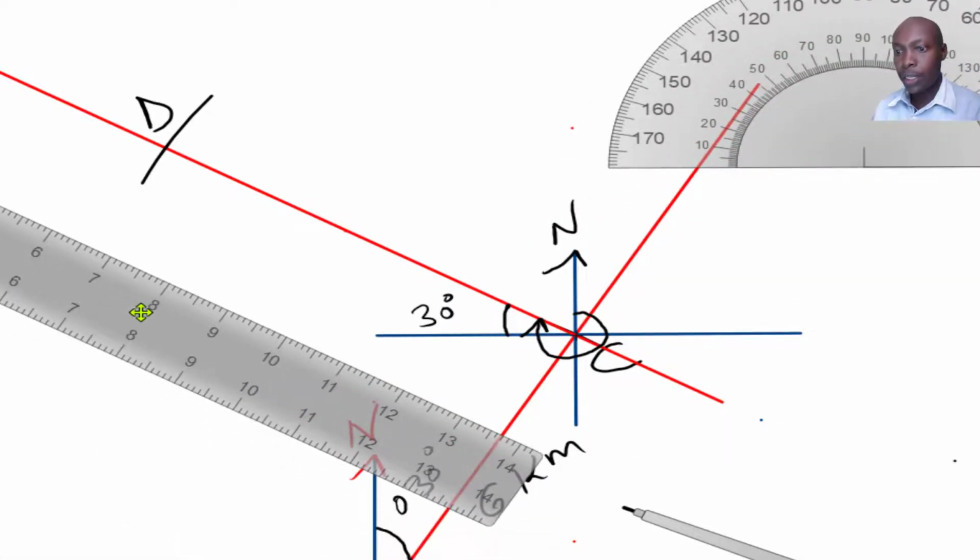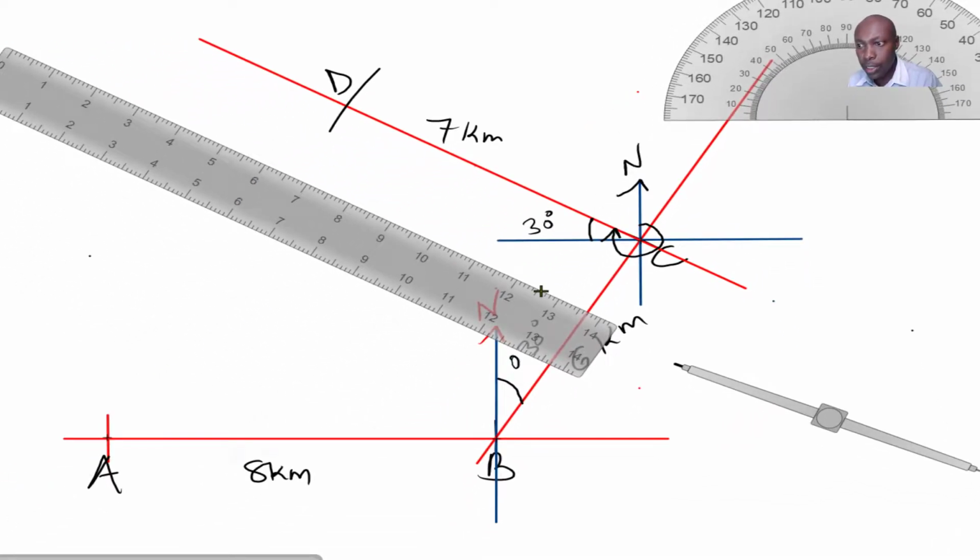After doing that, we now have the positions of A, B, C, and D, and it's good to indicate that this is 7 kilometers. Now, to make sure you complete the 4 vertices, we can join A to complete this rectangle.